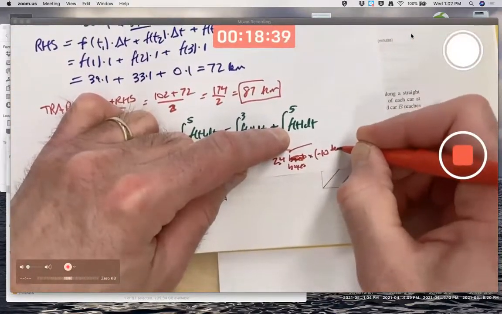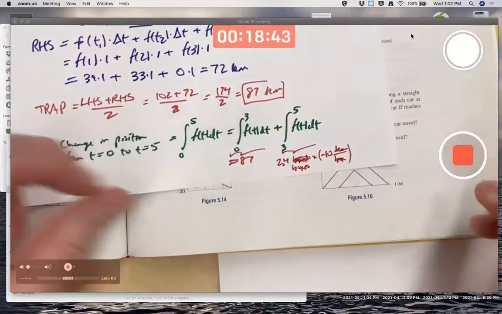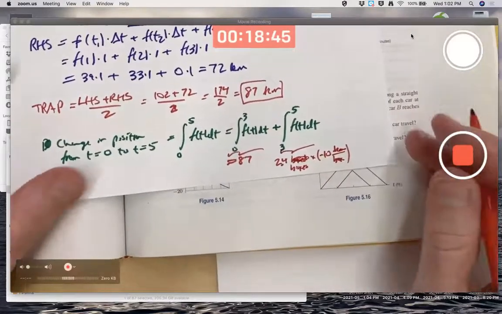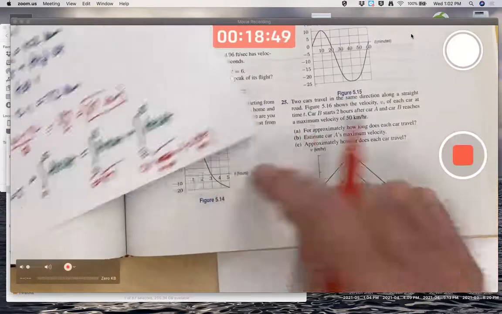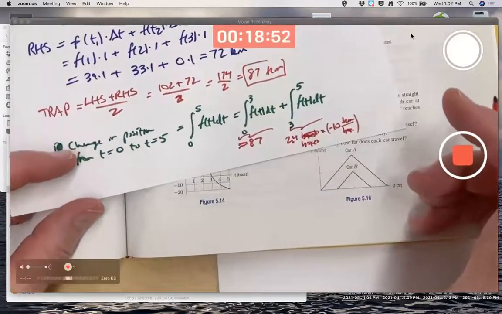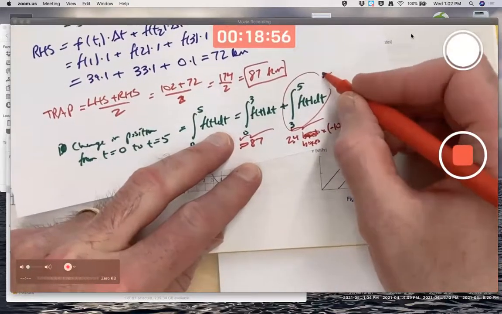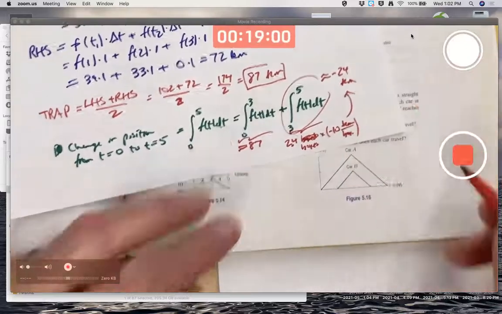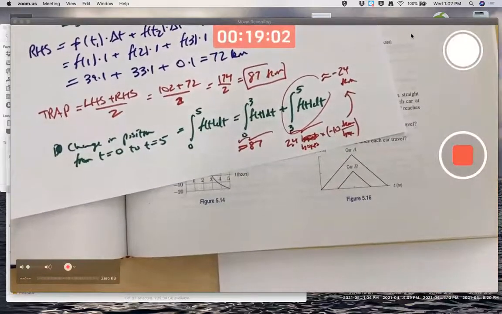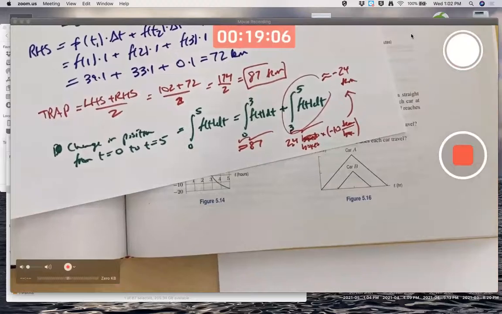Because they contribute negatively toward the integral, because the graph is below the axis. So that's about negative 24 kilometers is what this represents. This is approximately minus 24 kilometers if I use that approximation of 2.4 boxes. I mean, if you guessed anywhere between 2.2 and say 2.6 boxes or maybe 2.5 boxes, I'd be okay with it.